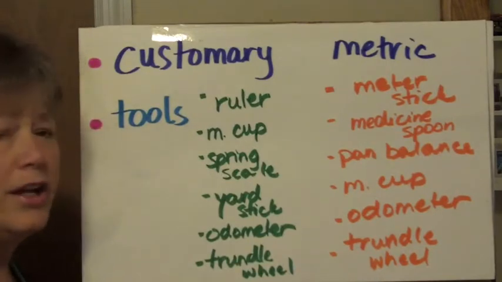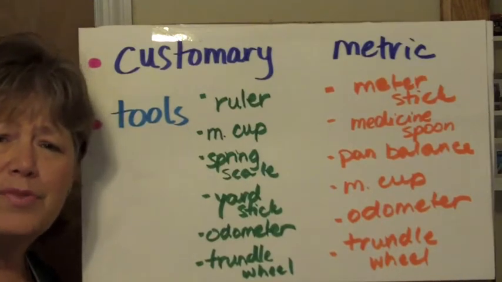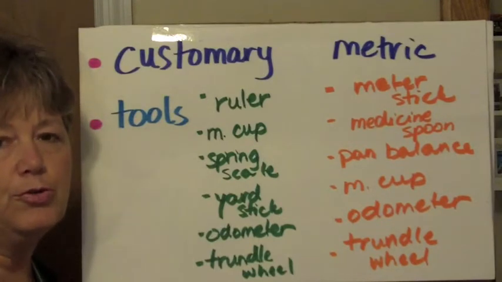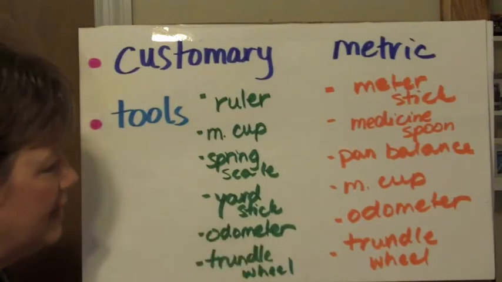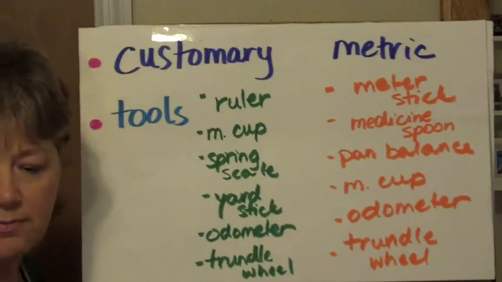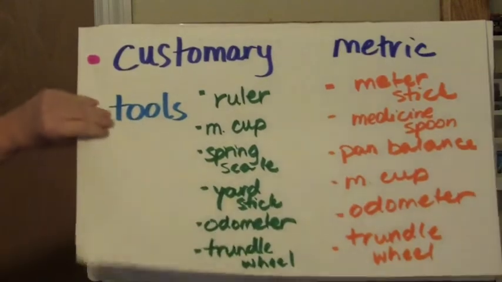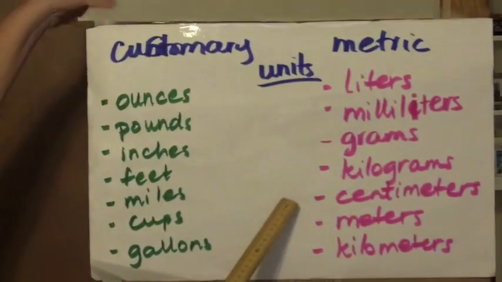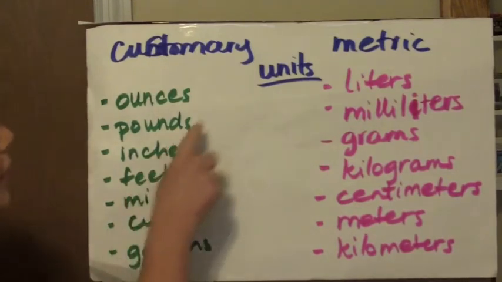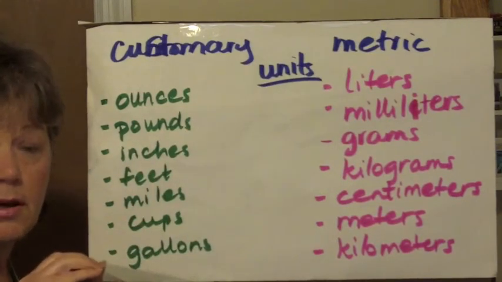And so I just kind of wanted you to get some things in your brain about how things measure. And there's some more things you should have had to review and look at, but I wanted you to get some of these in your brain, and I wanted you to see some of the units of measure here. So I'll come over here and let us look here at, again, under customary and metric, the smaller units of measure.